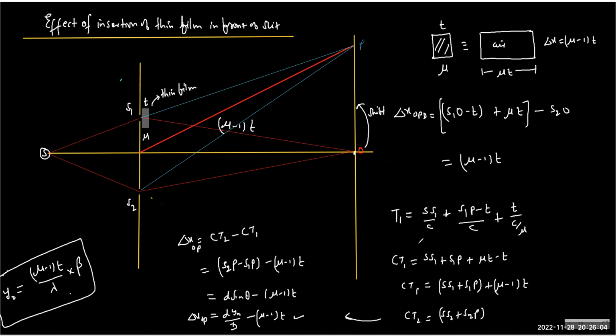Now, if you insert a thin film in S1, the fringe pattern will shift up. If you insert it in S2, then below. So an obvious question is what will happen if we insert in S1 and S2 both? Then we have to look for which grows bigger. So we'll look at (mu1 minus 1) into T1. Let me show you.